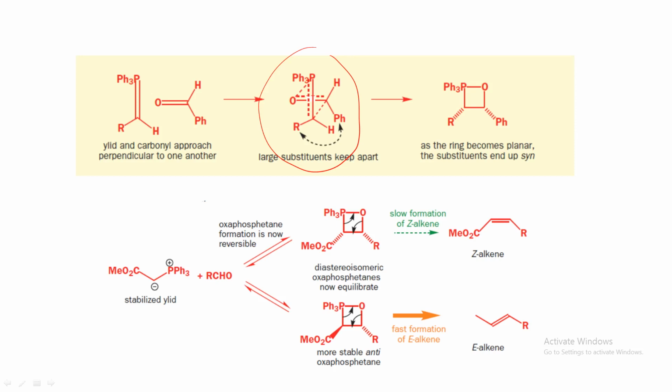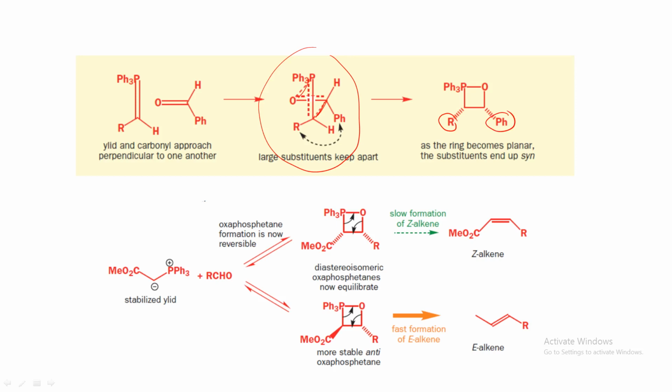So if the approach is like this, you can see this bond is forming and this bond is forming and becoming planar, from this type of puckered arrangement to planar. When this planar arrangement comes, this R and H are in the same plane.